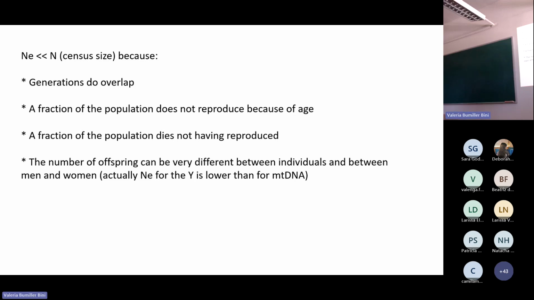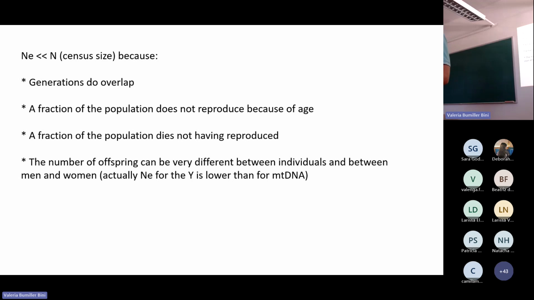If we could measure the random change of allele frequencies over time, we could try to estimate the population size. If we do it that way, we call that the effective population size, which is always way smaller than the real population, because generations overlap. So it means that not everyone is reproducing at the same time.